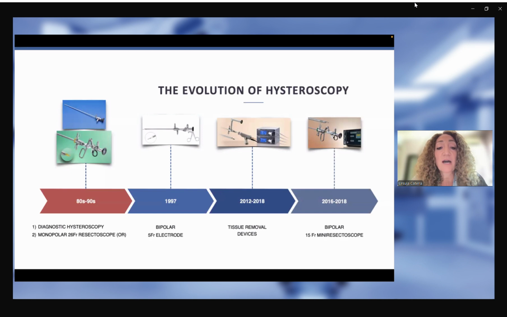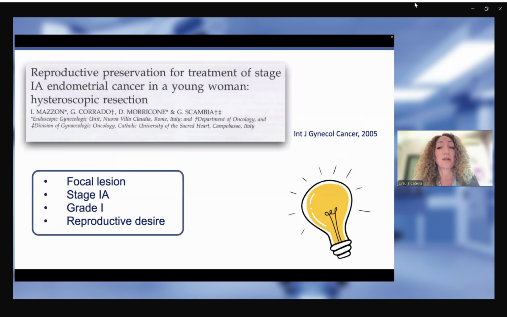Then, with the introduction of miniaturized instruments, in particular tissue removal devices and the bipolar 15 French mini resectoscope, we can see in the next slides how different the treatment of patients with atypical endometrial hyperplasia and endometrial cancer is nowadays.